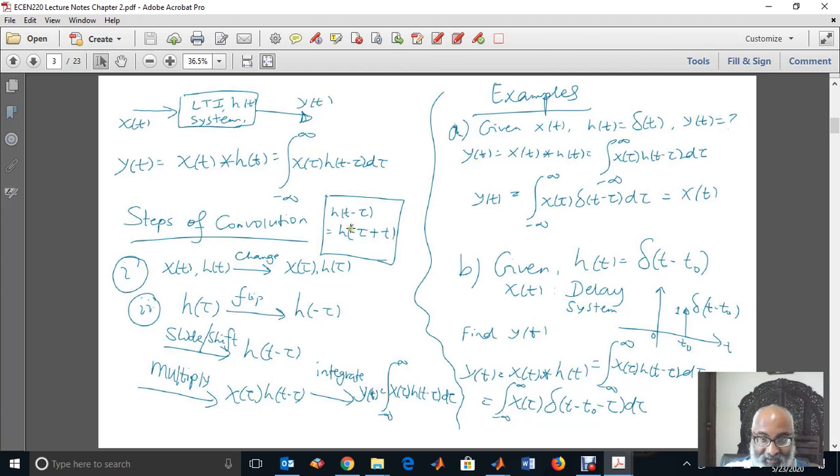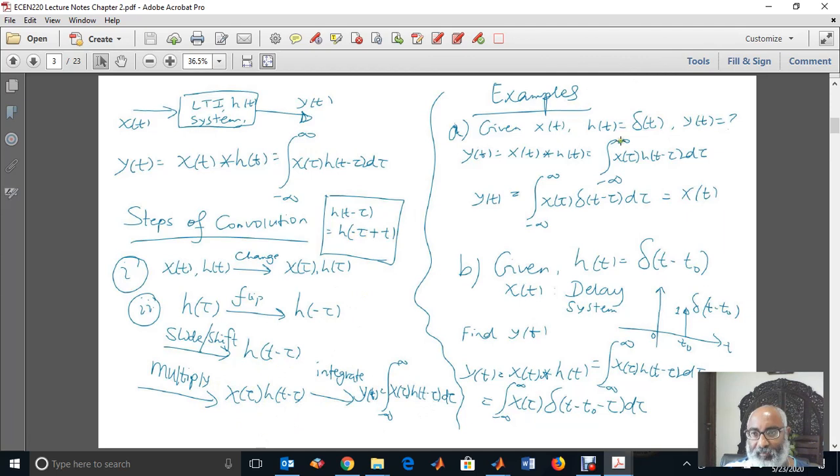Because we have the flip here. If there was no flip, with minus, if t is positive, shift left. If t is negative, shift right. If there is no minus tau, but I have minus tau, the flip, then it will be exchanged. That's why. And then after that you multiply and then you do integration.